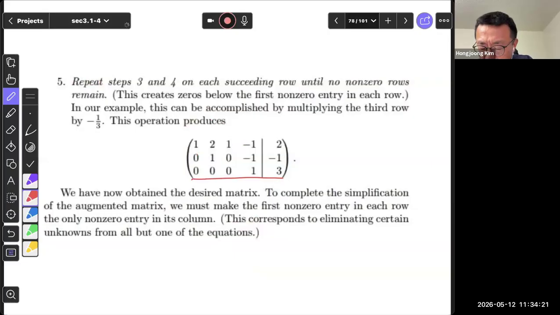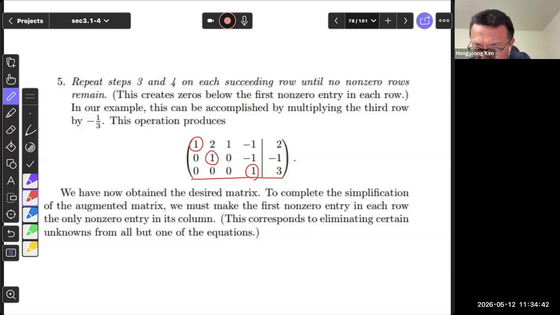Then when I look at this, here is the 1, here is the 1, here is the 1 I obtained in these steps. And below those ones, you have just zeros, right?